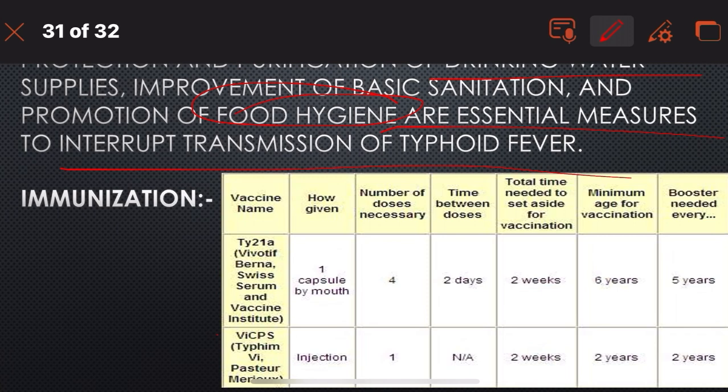So we are recommending the Vi CPS Typhim Vi, which was discovered by Pasteur. This injection Typhim Vi vaccine is recommended for individuals every 2 years. And the minimum age group, it is approved for 2 years of age or older children.